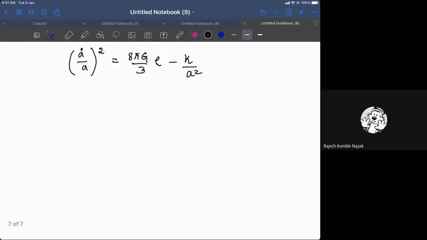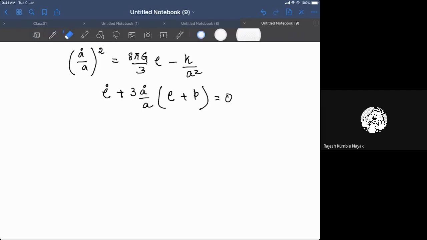Instead of writing the second derivative equation, you write rho dot is equal to minus 3 a dot by a into rho plus p. This is the second equation, and these two equations are called the Friedmann equation.